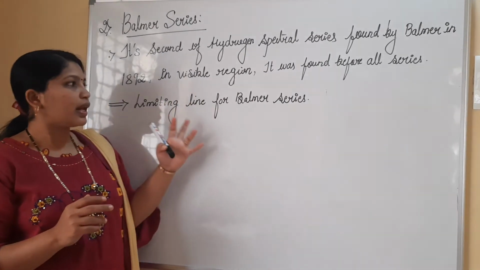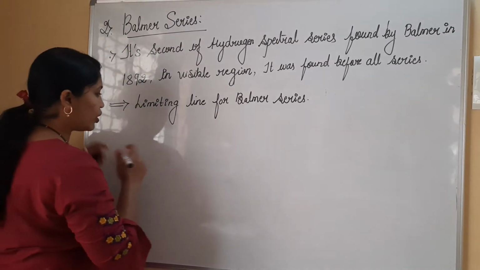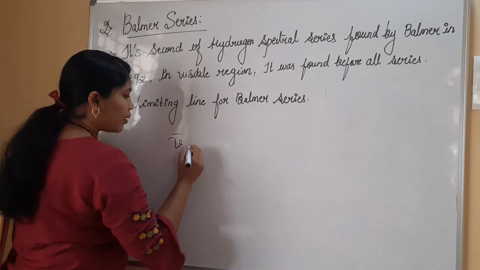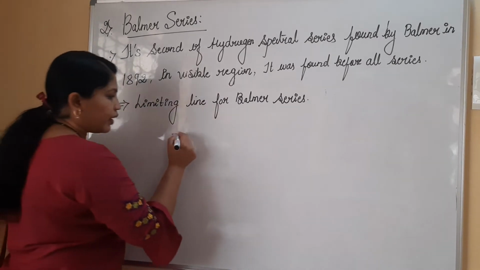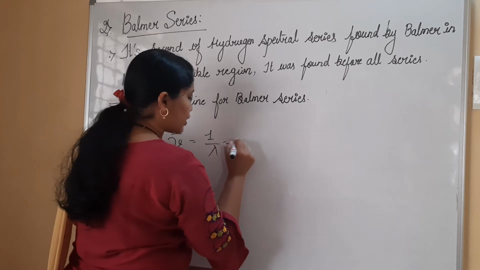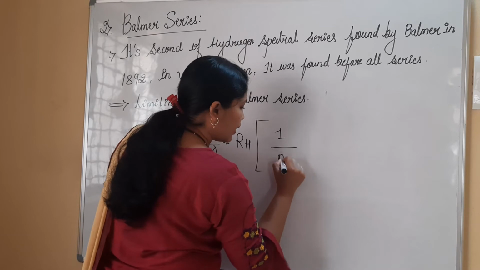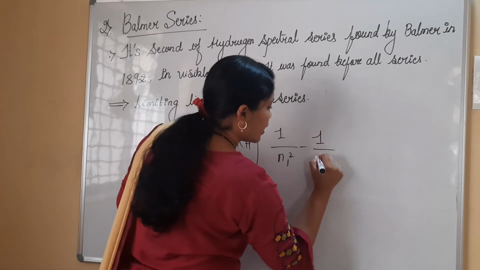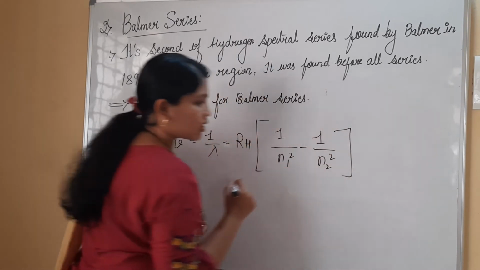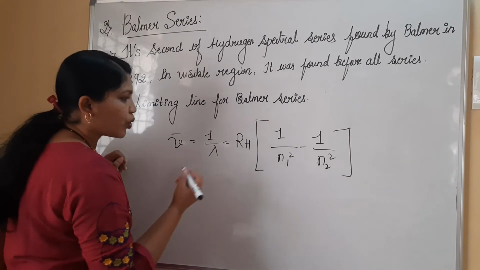So limiting line for the Balmer series, we can write here that, just check out here. Nu bar we have taken here, I will be taking 1 by lambda. Okay, that is further written by Rydberg's constant, we all know, 1 by N1 square minus 1 by N2 square. This is the general formula given. And for particularly Balmer series, what we can consider?